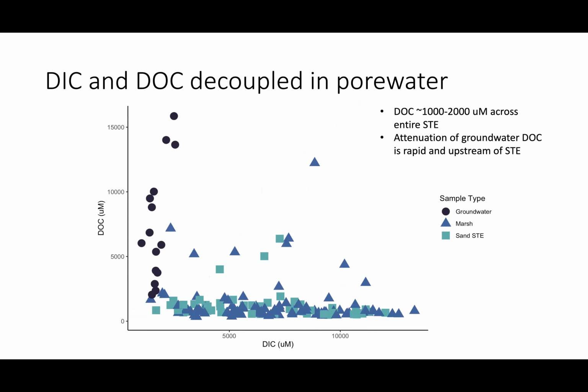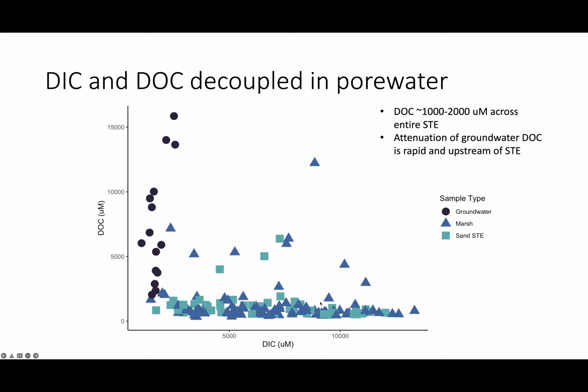And then this is a plot of DOC versus DIC. The DOC in the terrestrial groundwater is screamingly high, but there's good evidence that it's attenuated very rapidly, along the fresh groundwater flow path. By the time it meets and mixes down here with the peat, it's already quite low, and then it further attenuates.